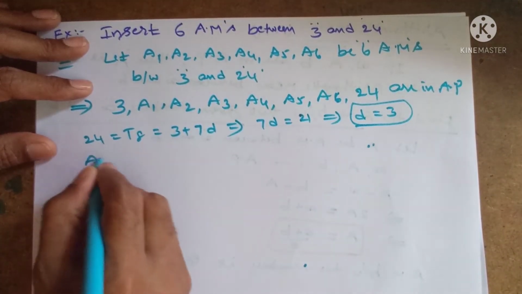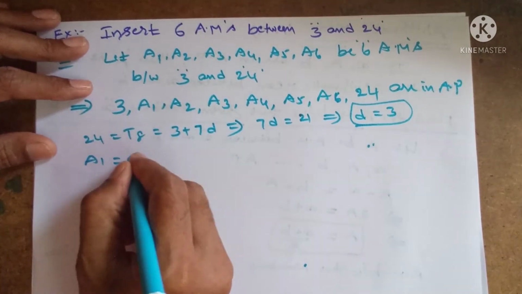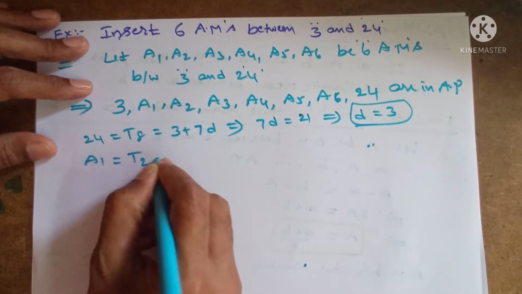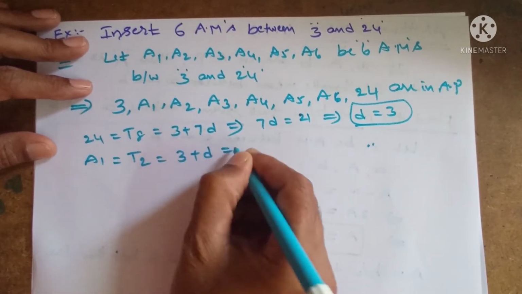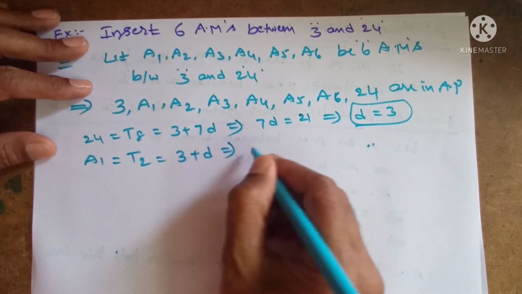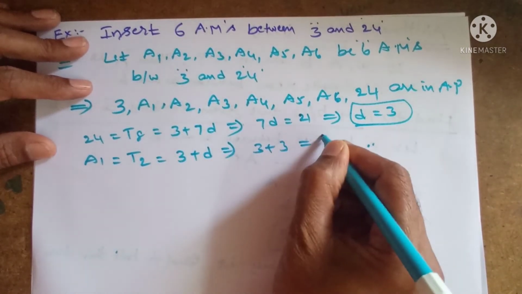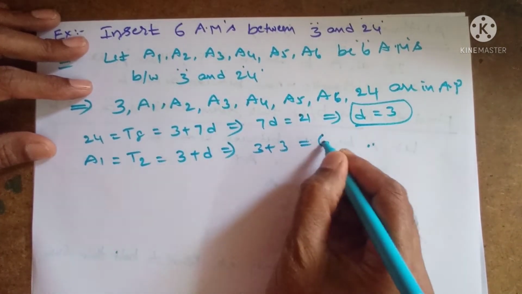Next, A1 means this is the second term, T2. T2 means 3 plus 1 into d, that implies 3 plus 3, that is equal to 6. A1 is equal to 6.